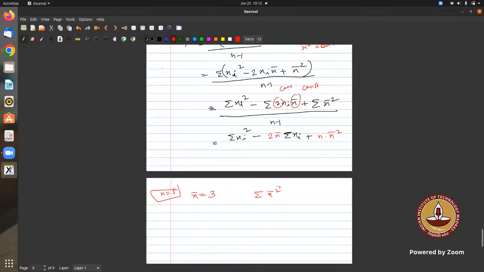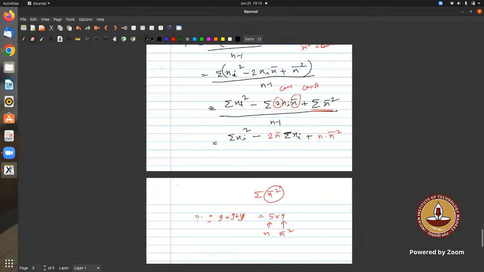So what is x bar square? 9. So 9 plus 9 plus 9 plus 9 plus 9, which is 5 times 9, that is 45. So 5 is n and 9 is x bar square. So I can write the summation of x bar square as n into x bar square. Correct?